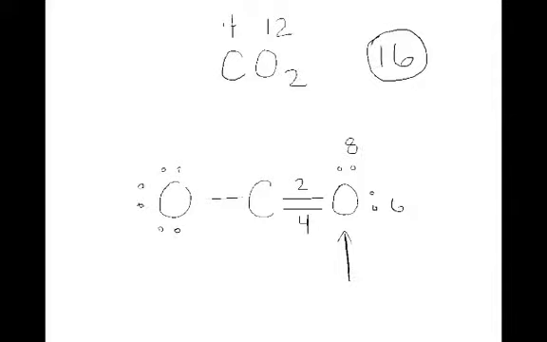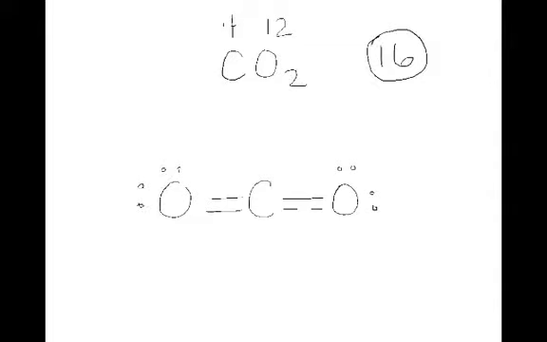So all we need to do now is move over another pair from the other oxygen. So getting rid of some of the junk here to make it easier to see. We can move over that pair and make another double bond to the carbon. So now the structure has 16 electrons in it still.